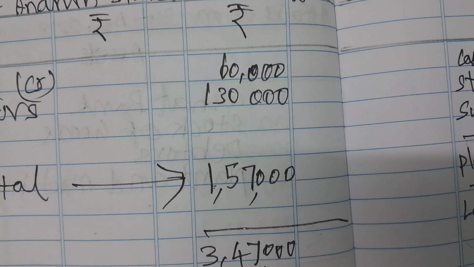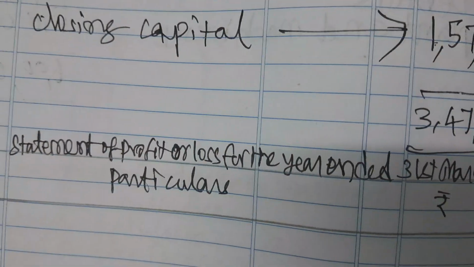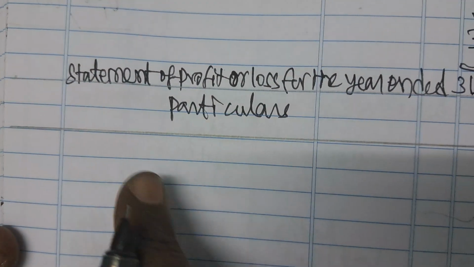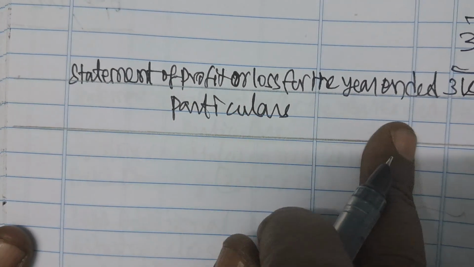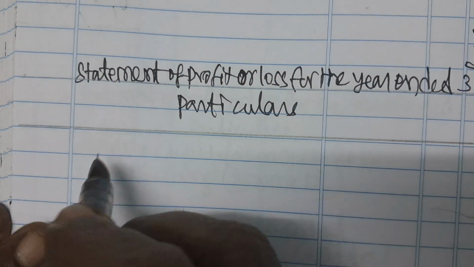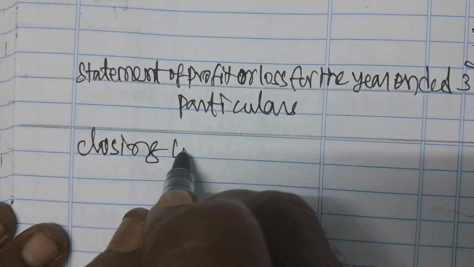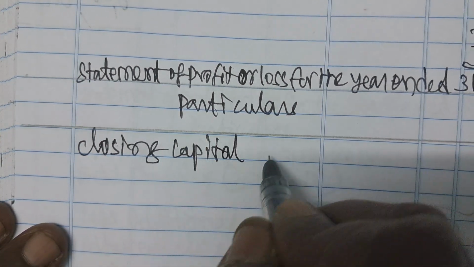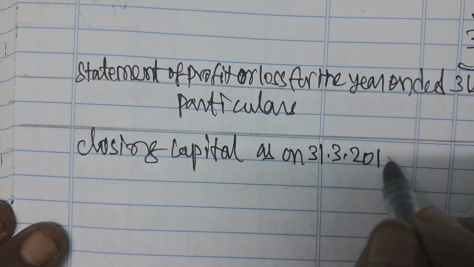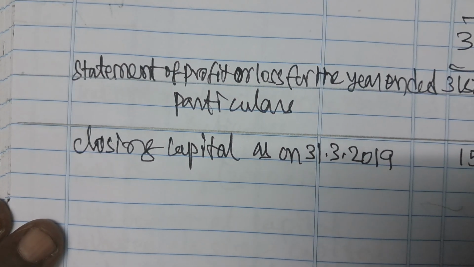Now we have found the opening capital and also the closing capital. So we prepare the statement of profit or loss for the year ended 31st March 2019. Closing capital as on 31/3/2019, 1,57,000.